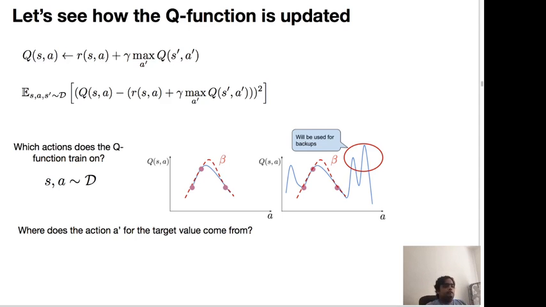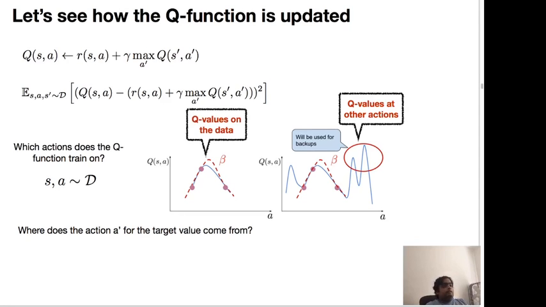Now, what you see here is that the Q function is trained on s and a from the data set. So it's trained on actions that are drawn from the area on the x-axis that the dashed curve maps to, and those are the Q values on the data that you train on.